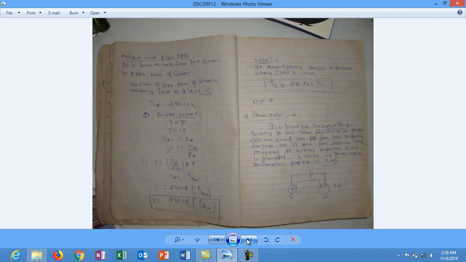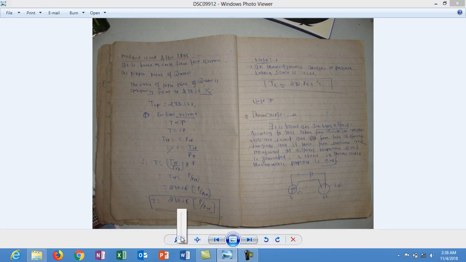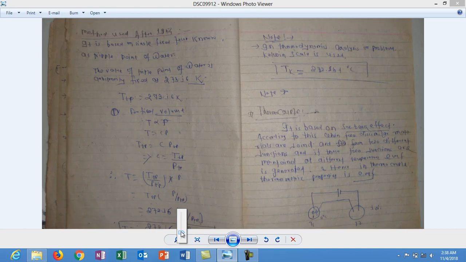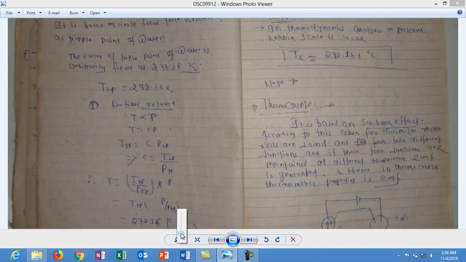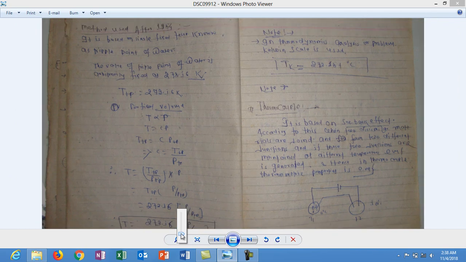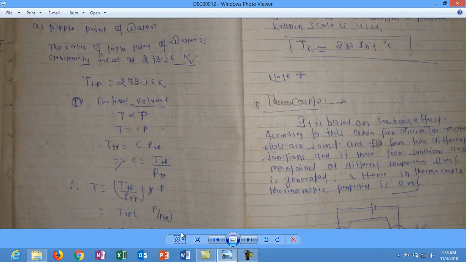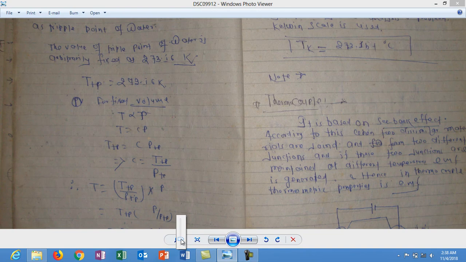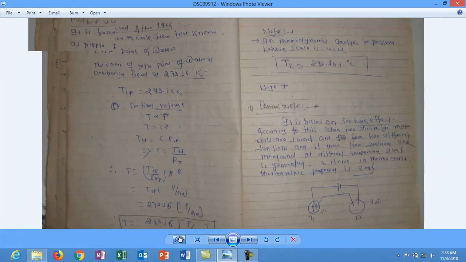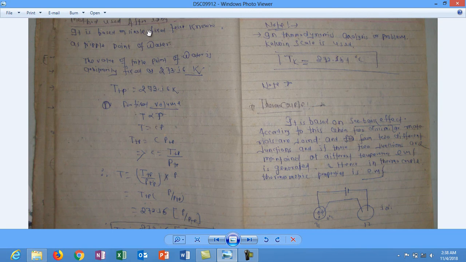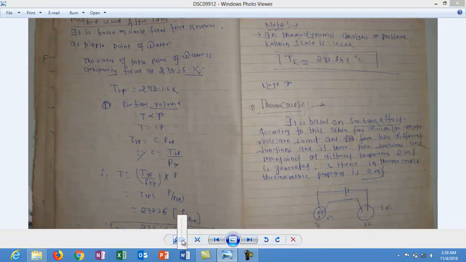Now we come to the next reference. This is the method used after 1954. That means before 1954 some different reference was being used, and after 1954 a different reference temperature is used.